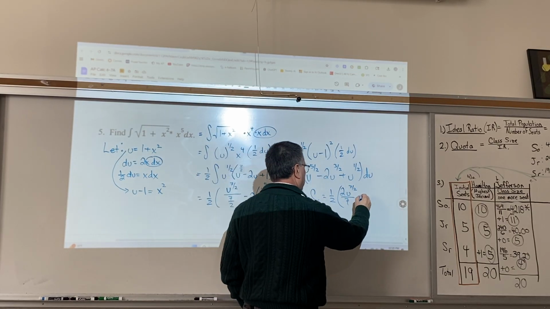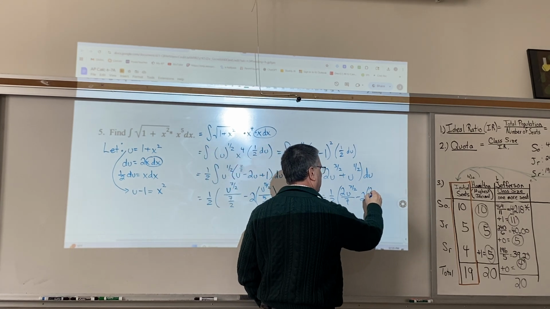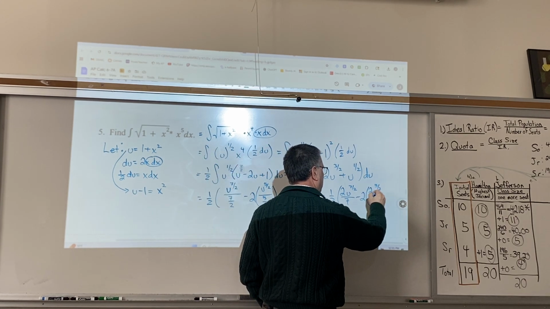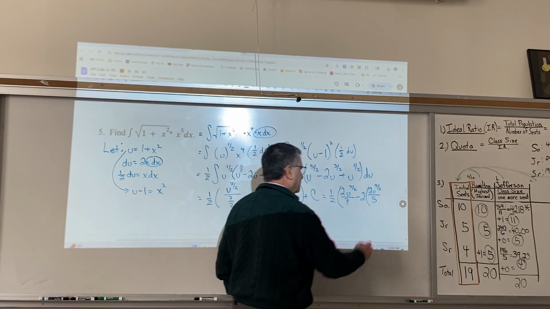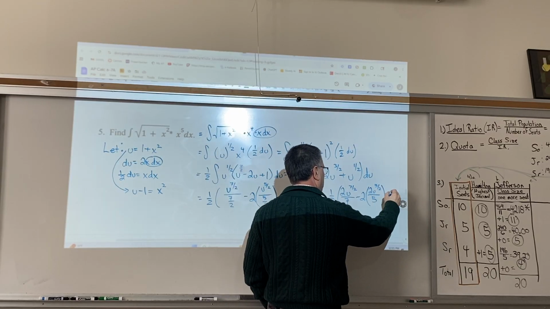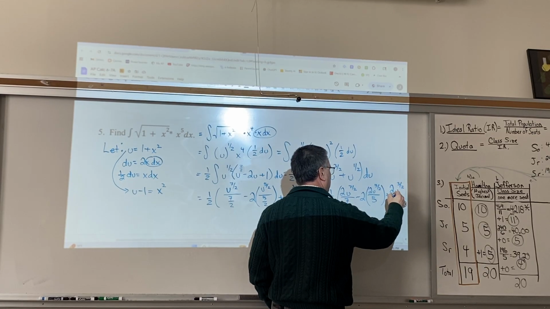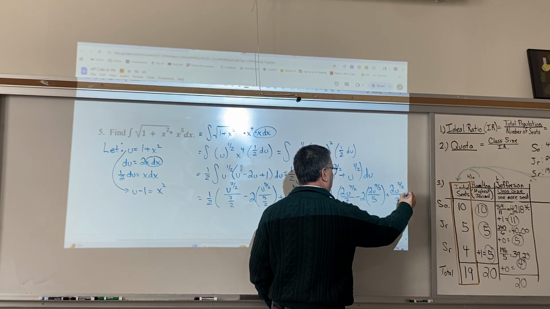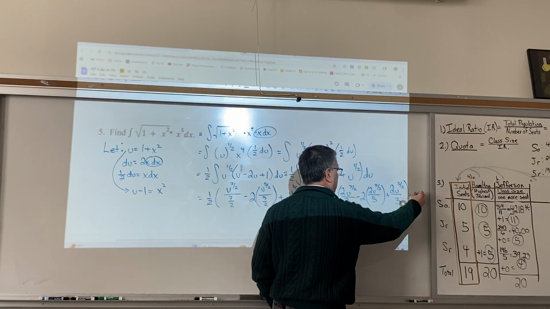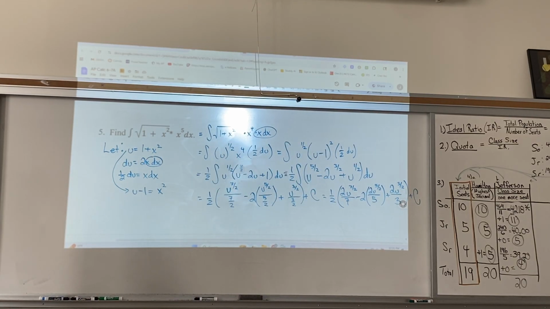And that's going to be minus 2 times 2u to the 5 halves over 5 plus 2 u to the 3 halves over 3 plus c. I don't want to do too much in one step because we might run the risk of making an error.